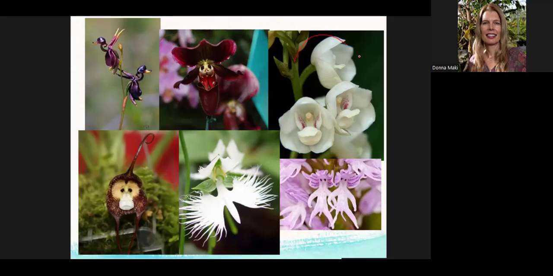These are the dove orchids. Isn't that amazing? Looks like a dove. That's just amazing. And the monkey orchid. The egret, I think this is the egret. And this one they just call the naked man orchid.